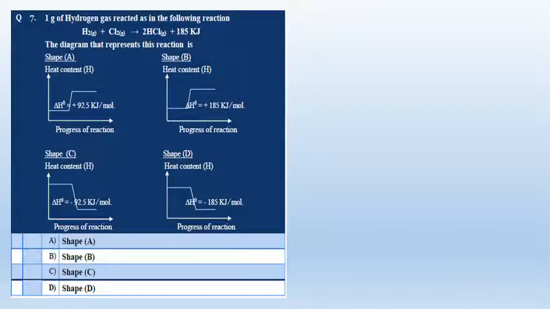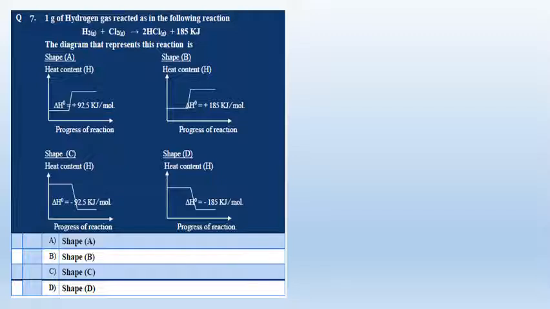Question number 7. Please pay attention. It's a very important question. 1 gram of hydrogen gas reacted as in the following reaction: H2 gas plus Cl2 gas producing 2HCl plus 185 kilojoule. Pay attention.